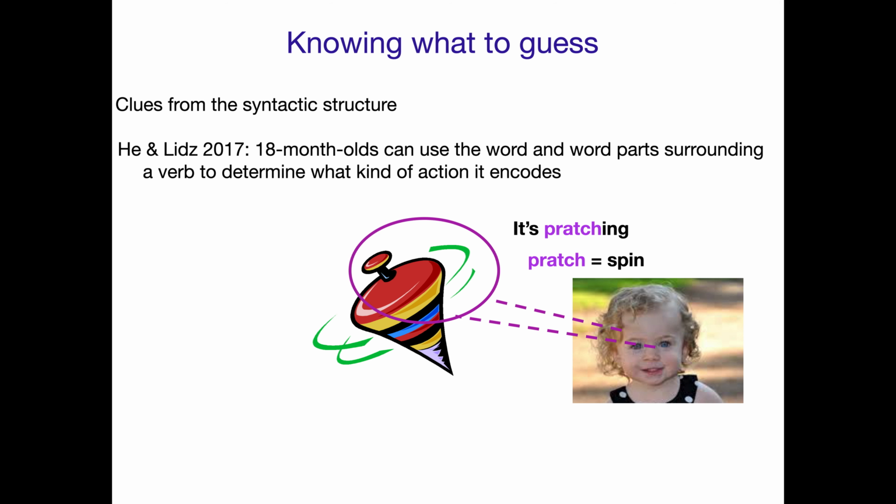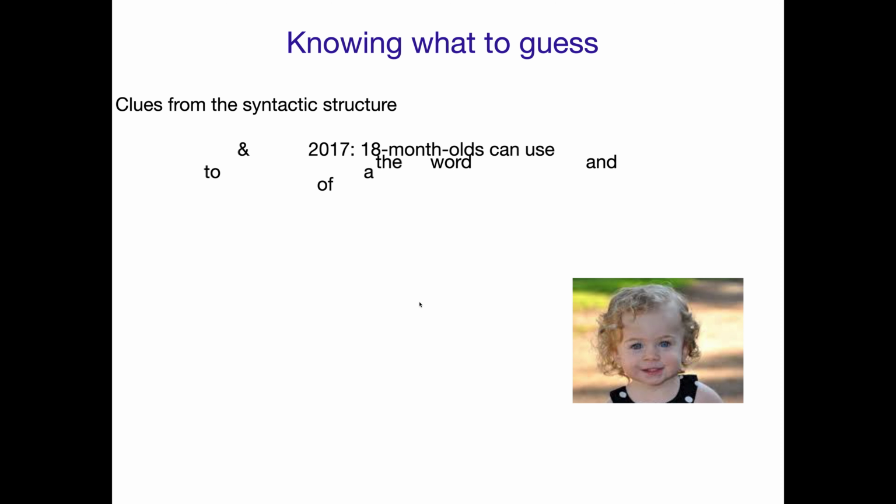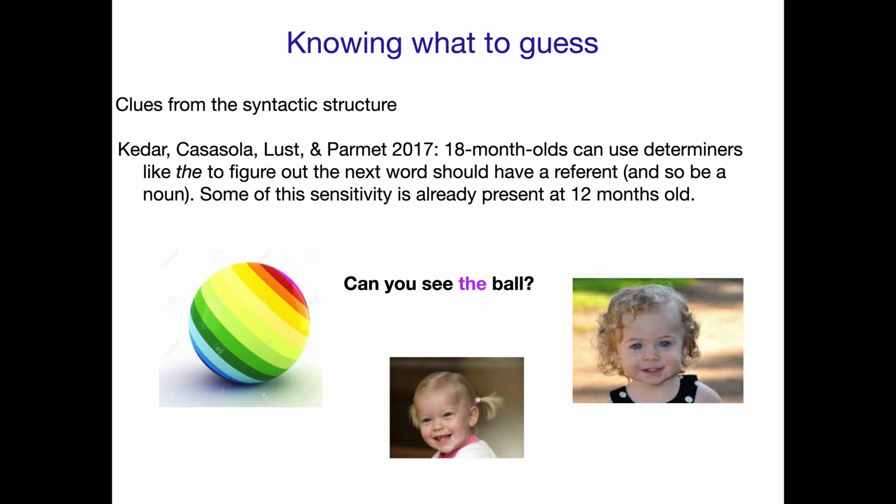An 18-month-old, so now we're talking a year and a half, can use this kind of frame for verbs to figure out what new verbs mean. Again, you have your spinning top here, and you say, it's pratching. Very simple linguistic context. You're an 18-month-old, so yep, you're talking about that motion of spinning, not the object. And they can also use determiners like the to figure out that the next word should have a reference.